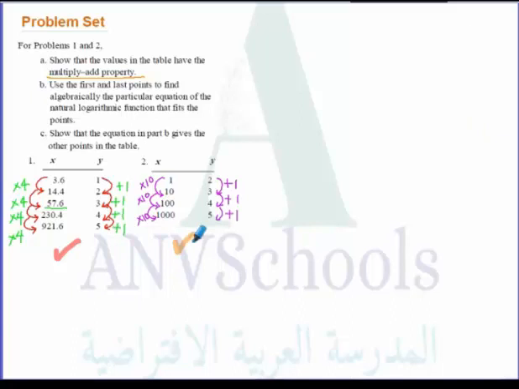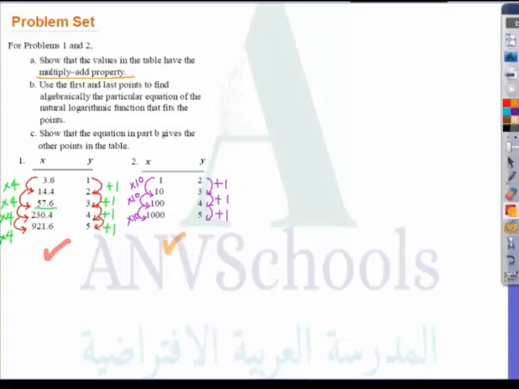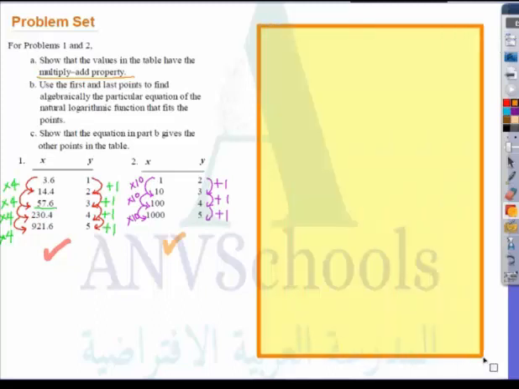So both of them satisfy letter A. Letter B: use the first and last points to find algebraically the particular equation of the natural logarithmic function that fits the points. So for letter B, let us use some constraints.